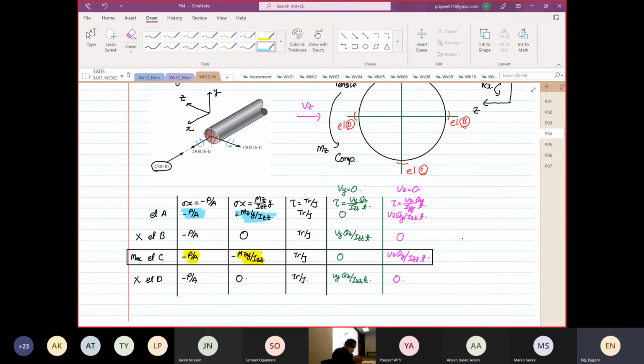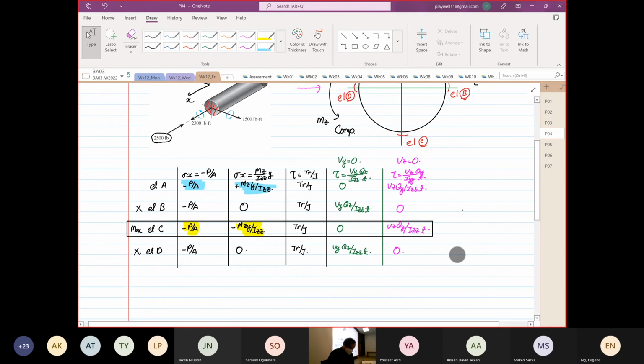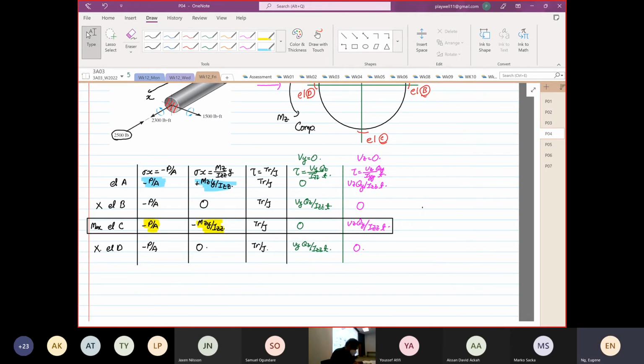So from here, we are going to element C. Element C has the highest magnitude in normal compressive stress.